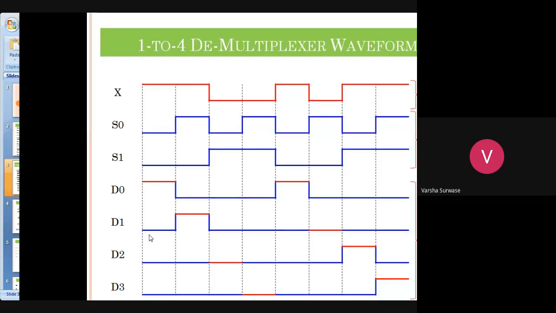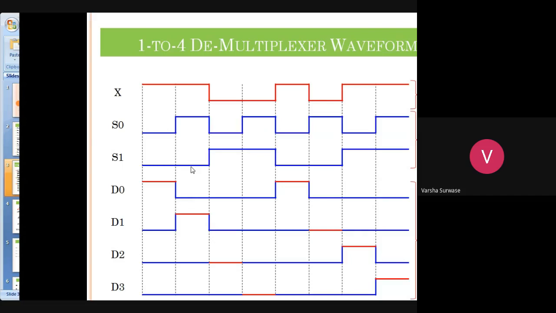Now see, when we select the select line 0 0, you will get the X input. So what is the X input? That is a 1. So D0 will be a 1 for this. Then when the select line is 1 0, then the input is 1.